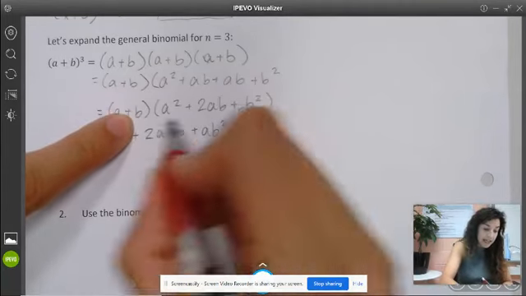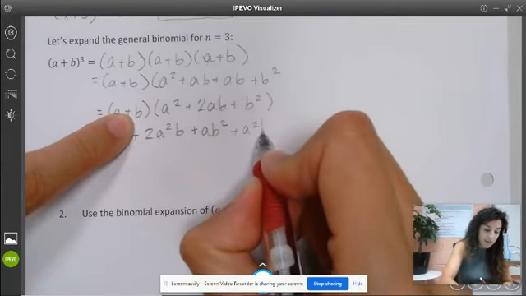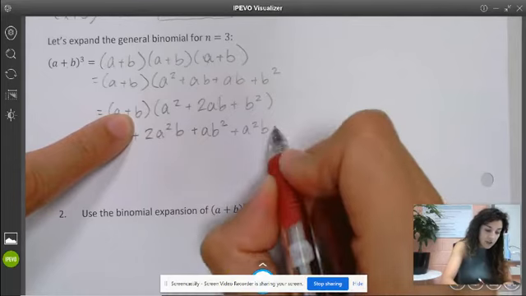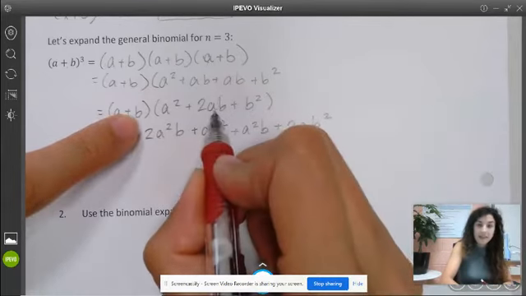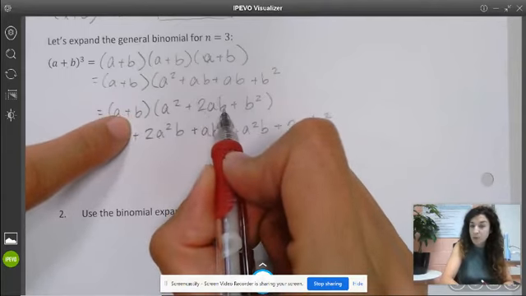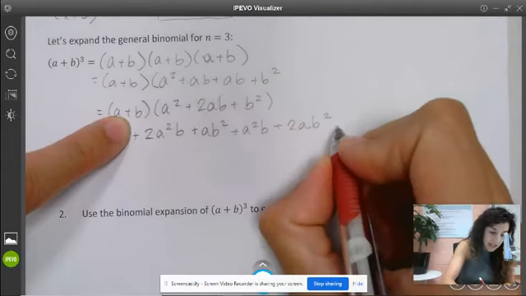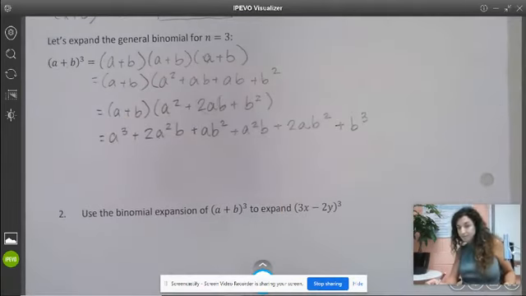Now distributing the b, that's a squared times b, and then 2ab squared. These guys multiply together, the 2 and the a come down, and then the b's multiply together to become b squared. And the last guy is b cubed.